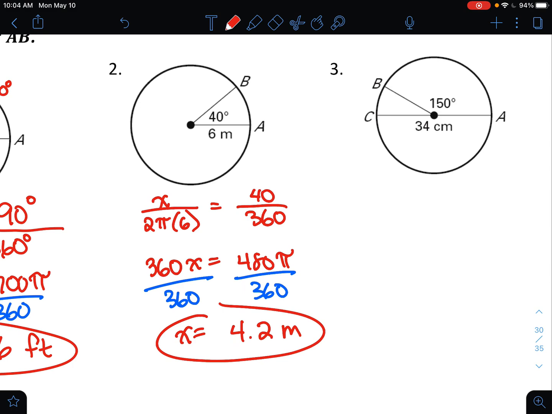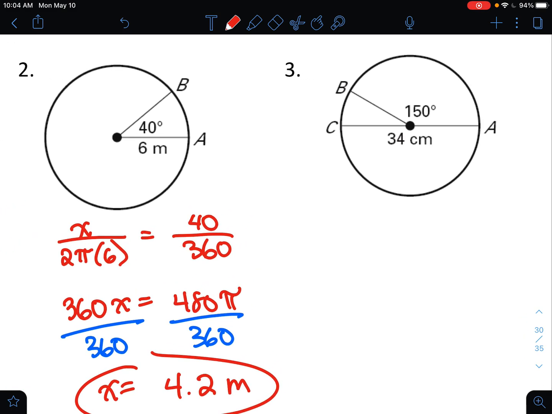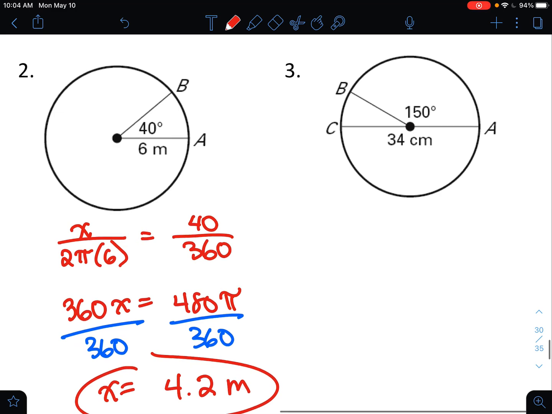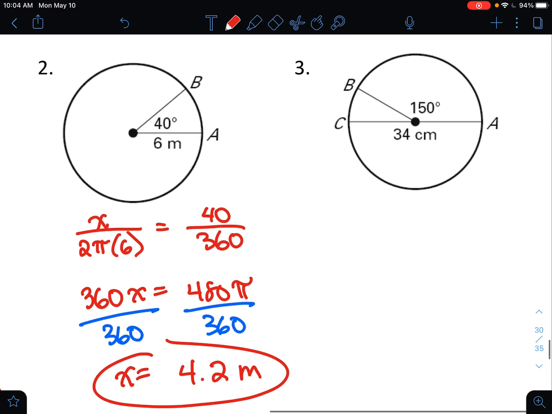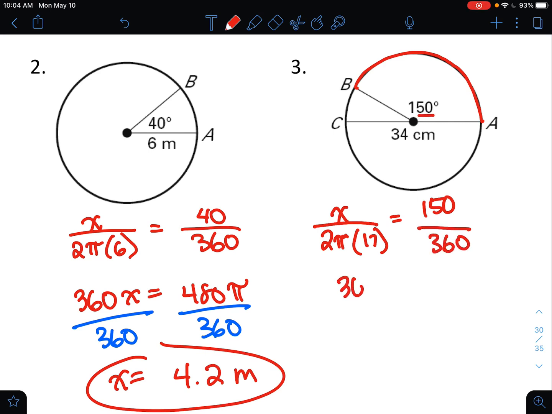Okay, I'm getting approximately 4.2 on the first one. All right, I'm doing AB here, so I'm going to outline the arc I want. I've got x over 2 times pi. Now my radius is not 34, that's showing my diameter, so I'm going to use 17. And the red arc is connecting to the 150, so that one is fine.